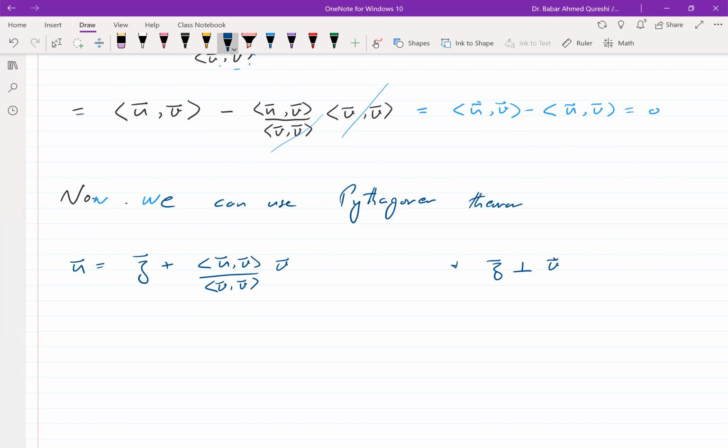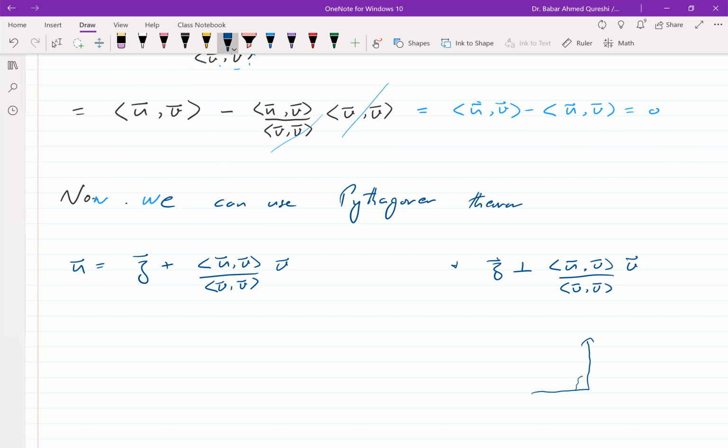If two vectors are perpendicular, and you scale a vector by a number, it still remains perpendicular. Let me write the whole thing. We just proved that these two vectors are perpendicular.